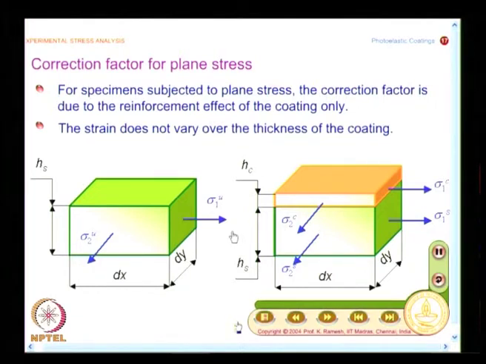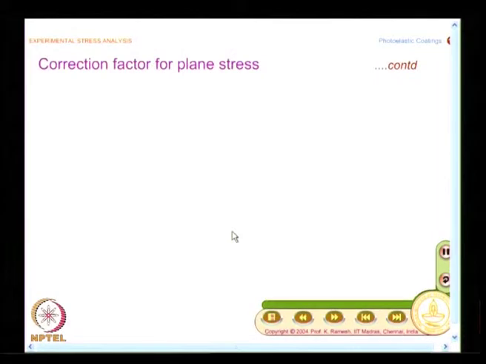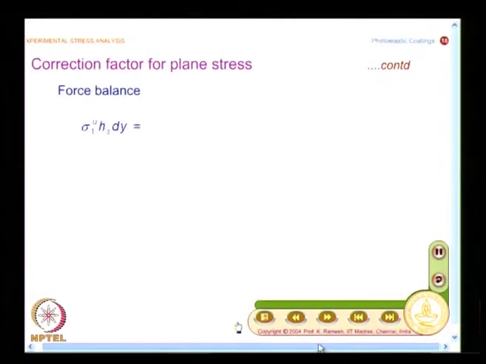See, the problem is simple enough. Why we take a simple problem is so you understand the physics behind how one goes about evaluating the correction factor. And you can easily write, when I go to the force balance, sigma 1 u Hs into dy, because this is the area.